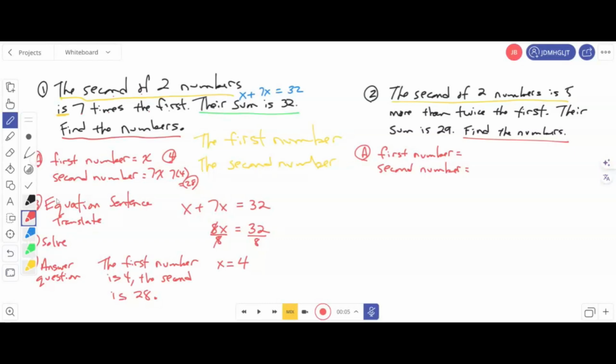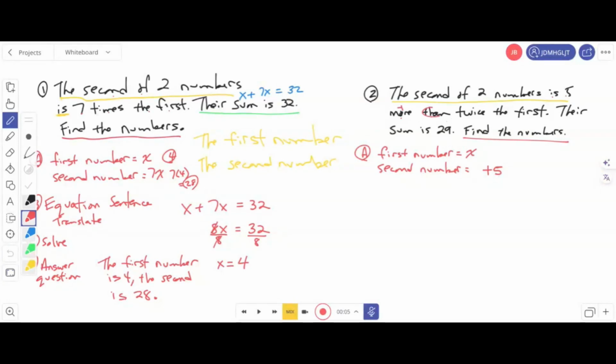So if they're telling us what the second number is, we don't know what the first is, so we call it x. I have to have a statement that says the first number is to be able to put something else. So the second number is 5 more than, we're adding 5.